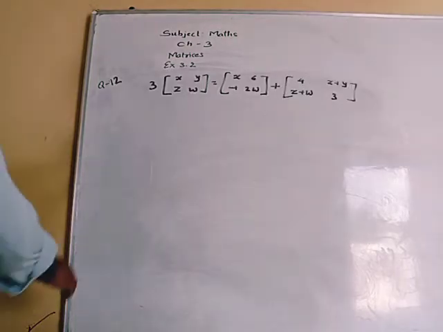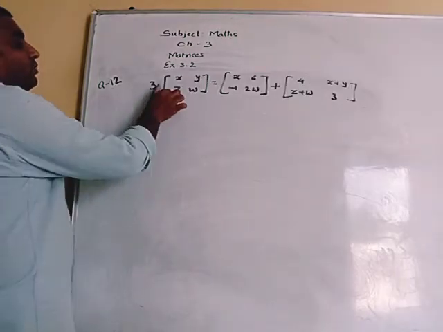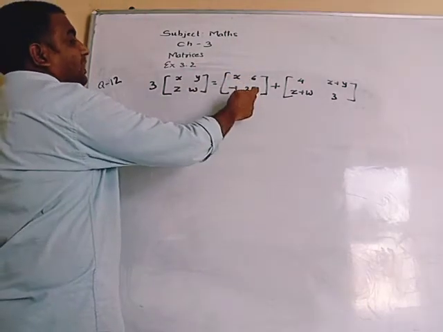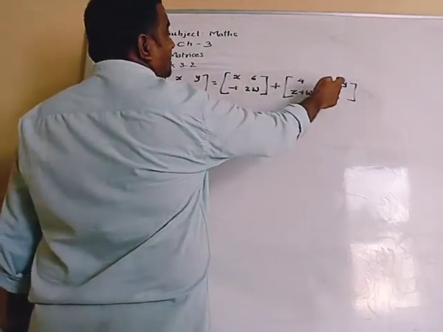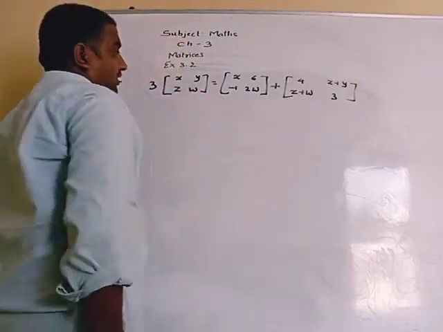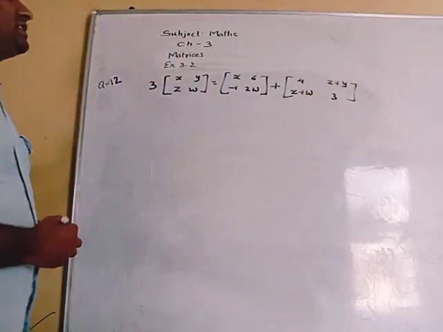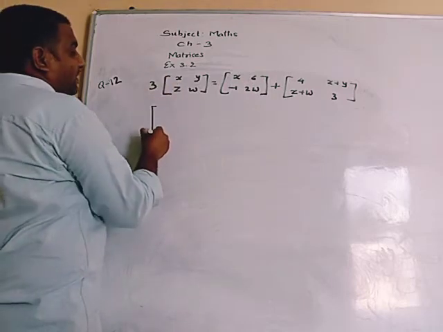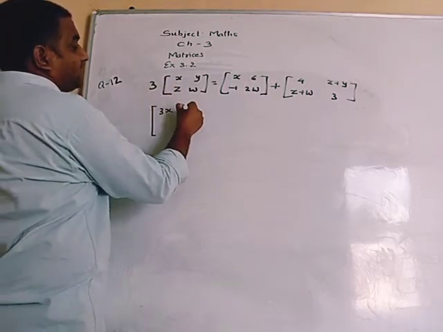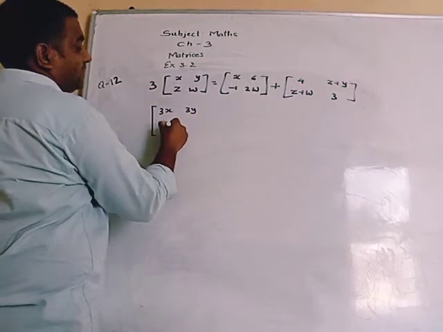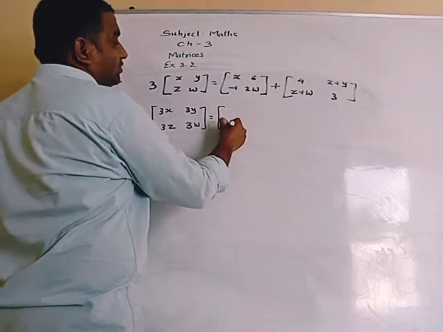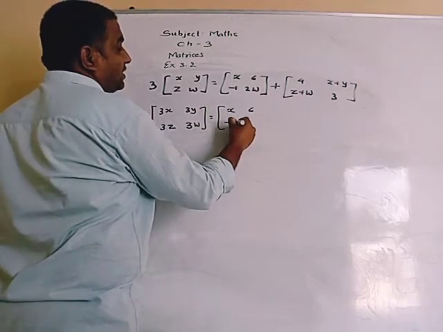Now question 12: 3 into matrix [x y; z w] equals [x 6; minus 1 2w] plus [4 x plus y; z plus w 3]. Then find the x, y, z and w values. Here we multiply 3 inside, so we get [3x 3y; 3z 3w] equals [x 6; minus 1 2w].